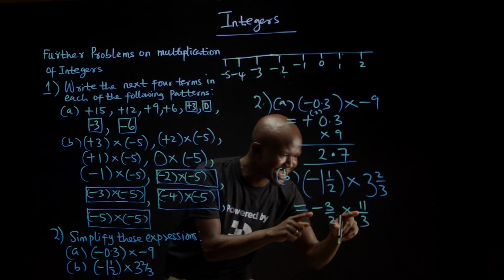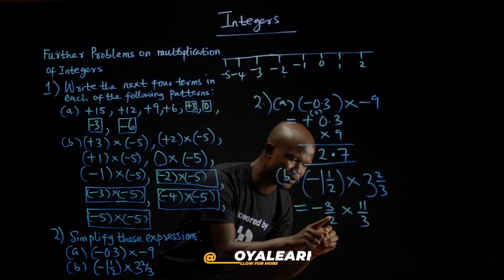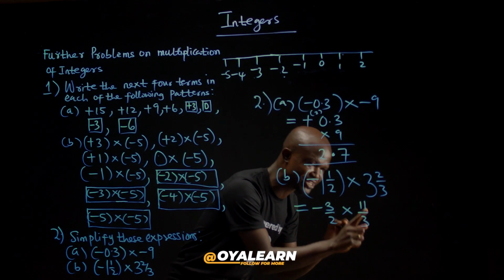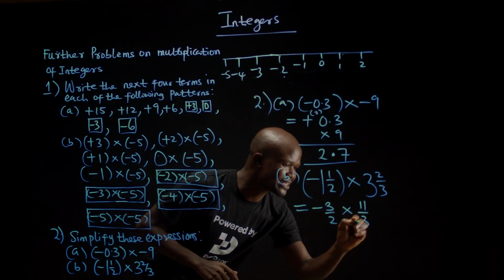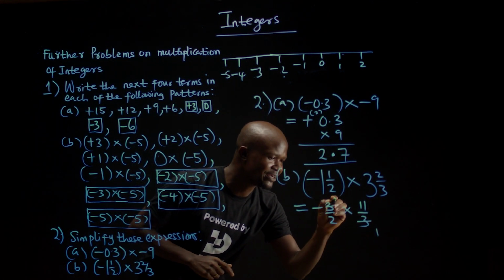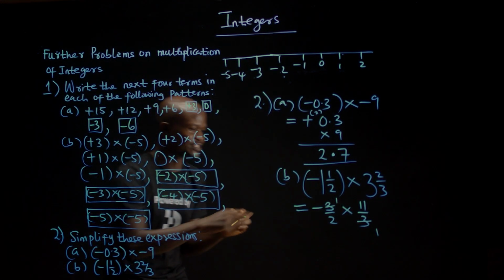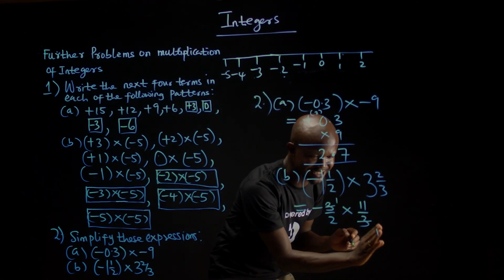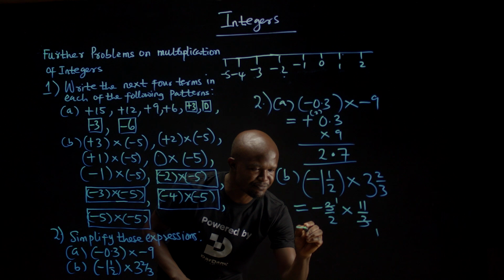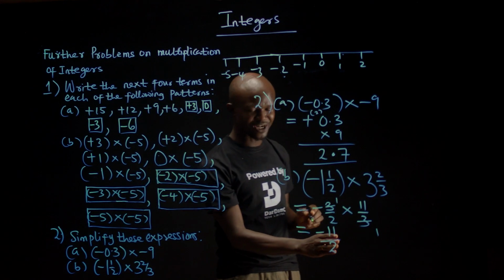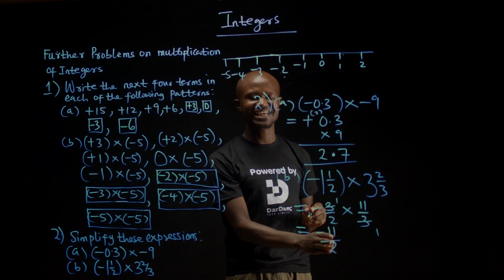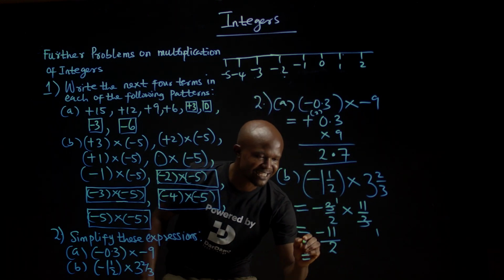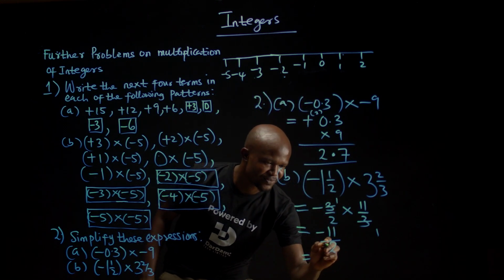Now you have to look at them. This is an improper fraction, and this is another improper fraction. The 3 in the numerator and the 3 in the denominator cancel, giving 1. You cannot leave your answer as an improper fraction; you have to leave your answer as a mixed number.